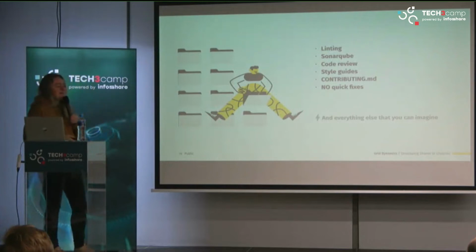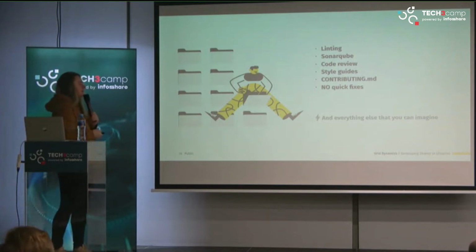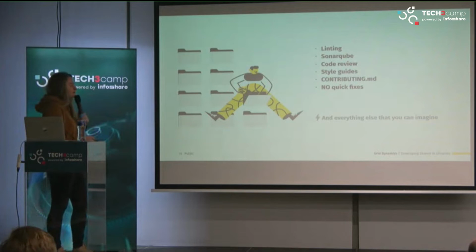Because if you implement some hack in your code, it will be across all of your applications at some point. And everything else that you can imagine, feel free to use.